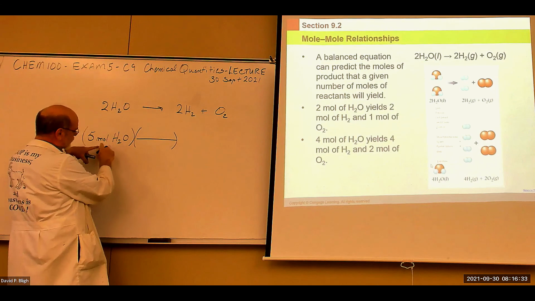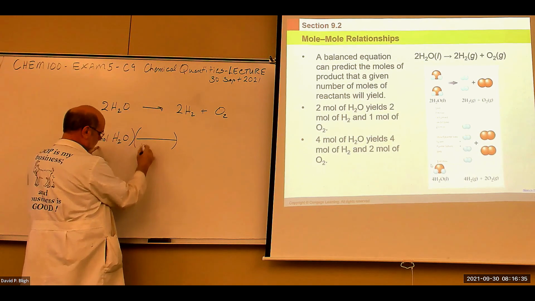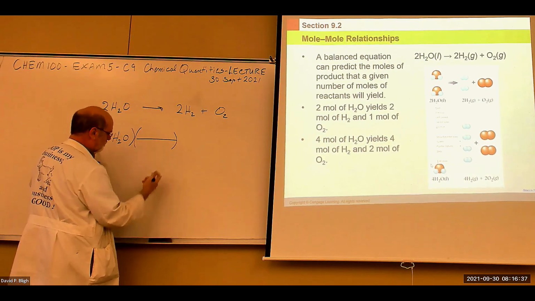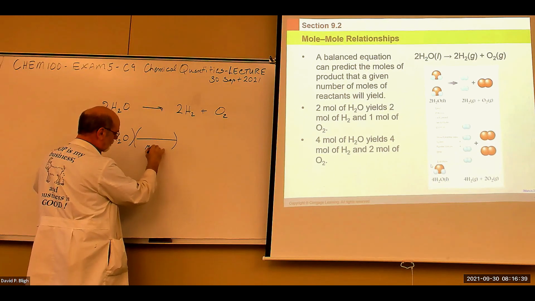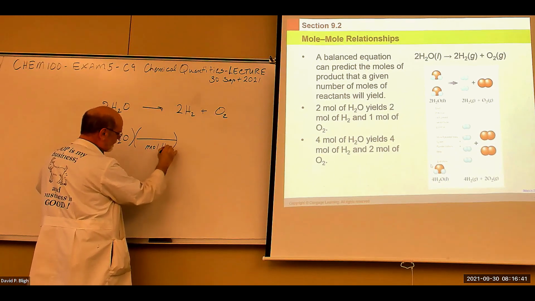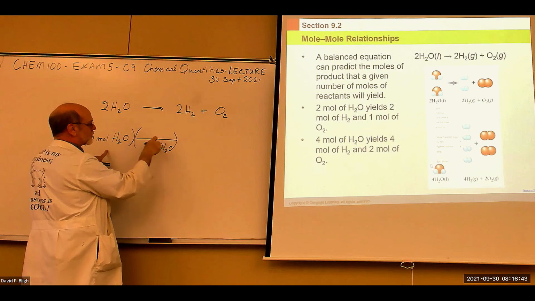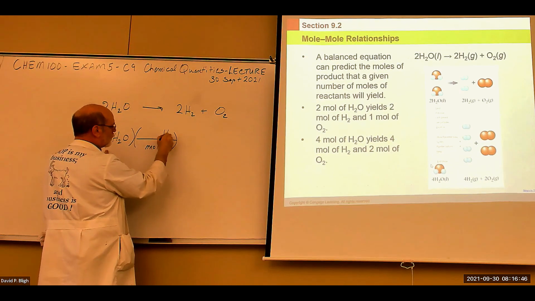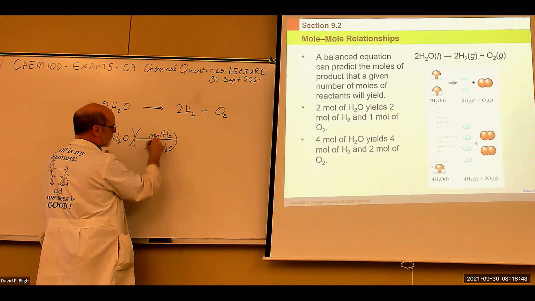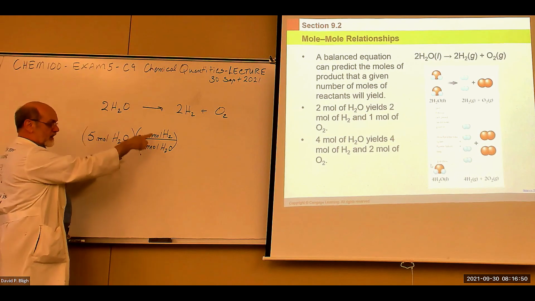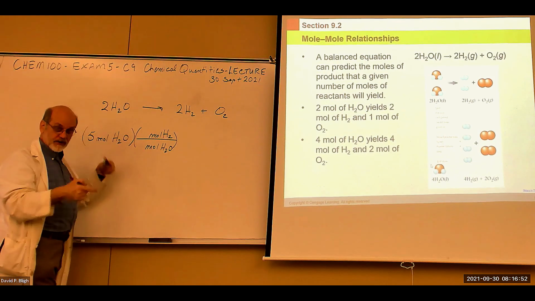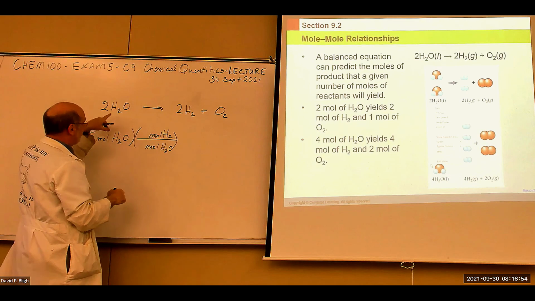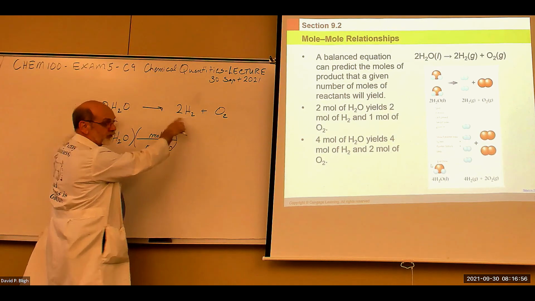So if we want to cancel moles of water, and produce an answer in terms of moles of hydrogen, our ratio here, what this equation says is that 2 waters equals 2 hydrogens.